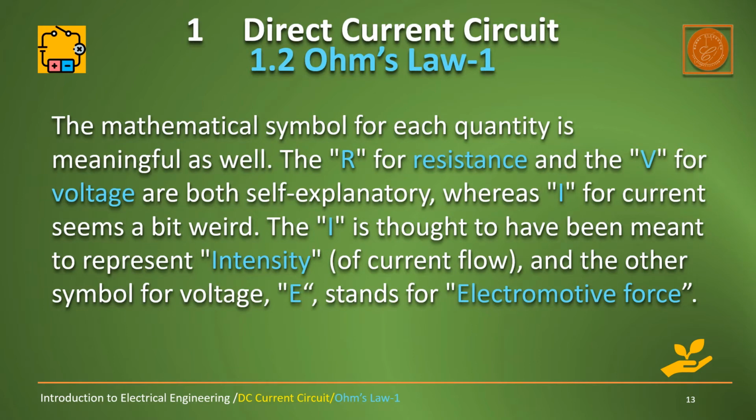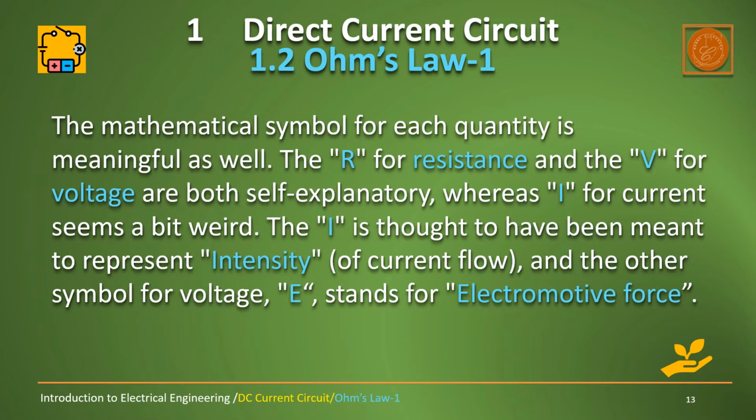The mathematical symbol for each quantity is meaningful as well. The R for resistance and the V for voltage are both self-explanatory, whereas I for current seems a bit weird.